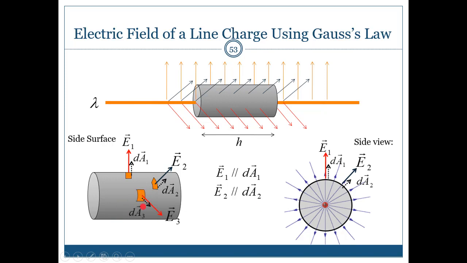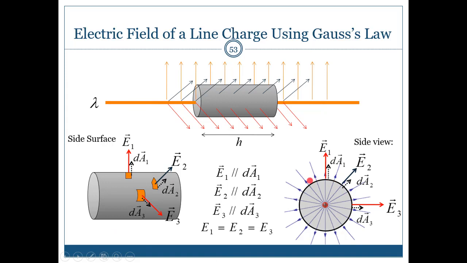If I pick a third surface, let's say here, again looking from the side, the dA is radially out, and the electric field vector here is also radially out, so they are aligned. So any dA that I pick will be parallel to my E field, which works for me because it gives me a constant angle in my flux calculation.